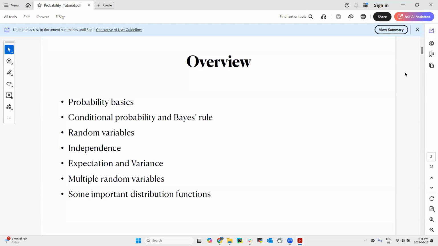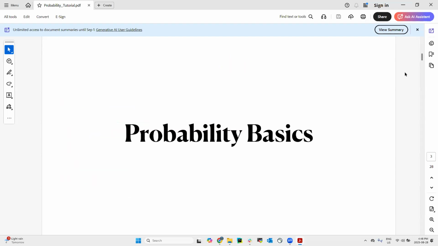So basically, what's going to happen if you have multiple random variables. This is probably the most relevant part to our course. Basically, you can think about machine learning as just another way of expressing high dimensional probability. And finally, we quickly go over some important distribution functions, which we will use a lot throughout the course. And from then on, we'll assume that you know these.